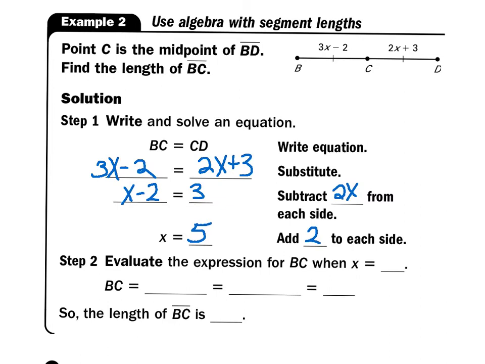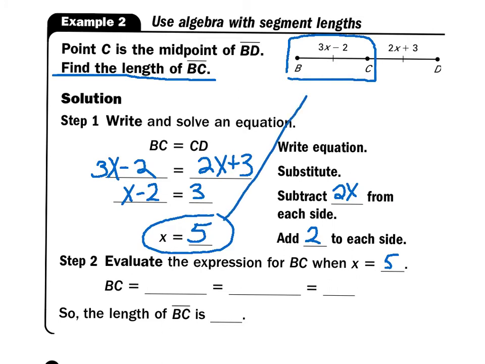Now evaluate the expression for BC when x equals 5. So let's go back up to the original question. A lot of people miss this on the test because they'll circle this as their final answer. Is that what they wanted? No. They wanted us to find the length of BC. The length here of BC.